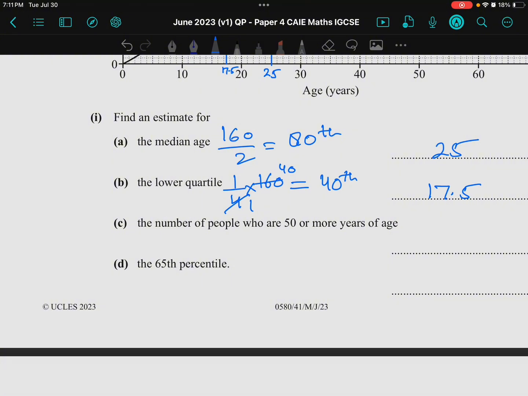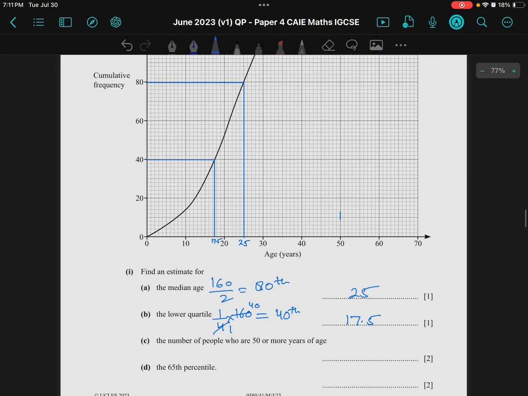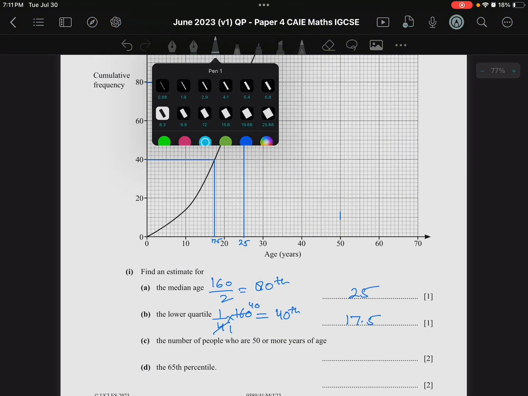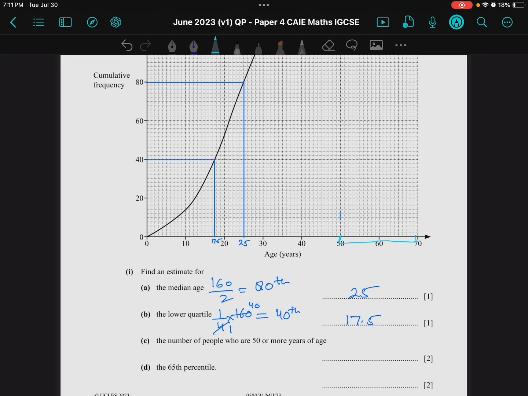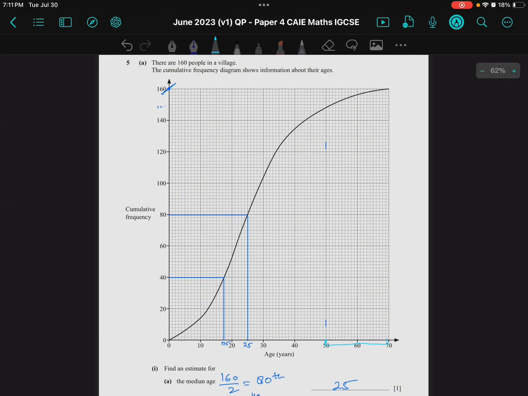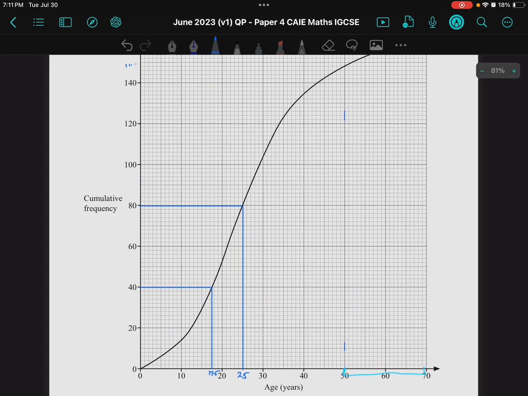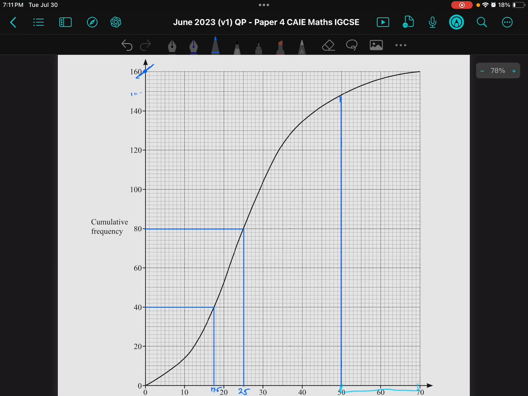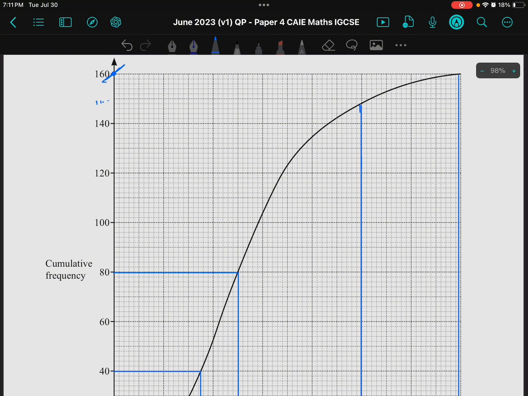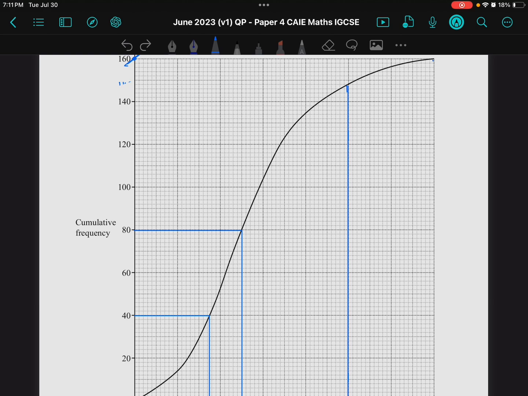The number of people who are 50 or more years of age, you will take the values from here till here. So for 50, drop down the line. And for 70 also. So for 70 we have to correct it. Again doing.